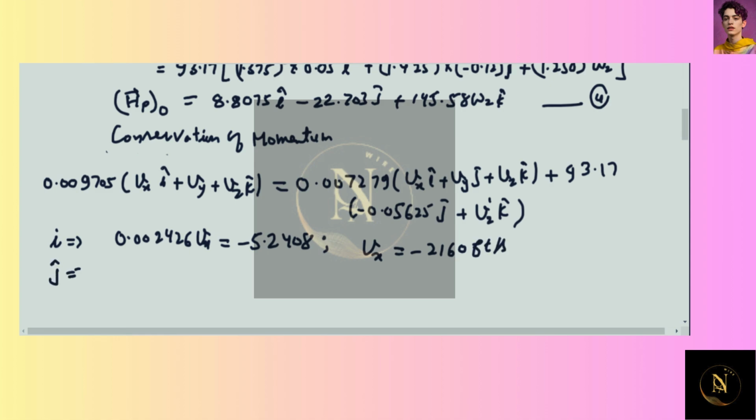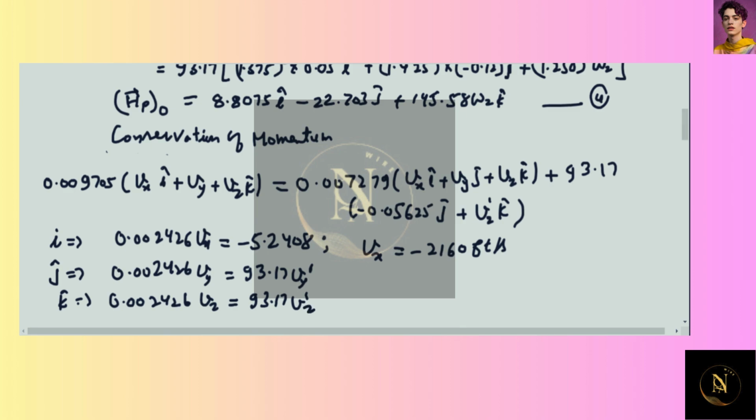For j cap, 0.002426 Vy equals 93.17 times v dash y, and for k cap, 0.00242 Vz equals 93.17 v dash z. This is equation 5, and this is 6.